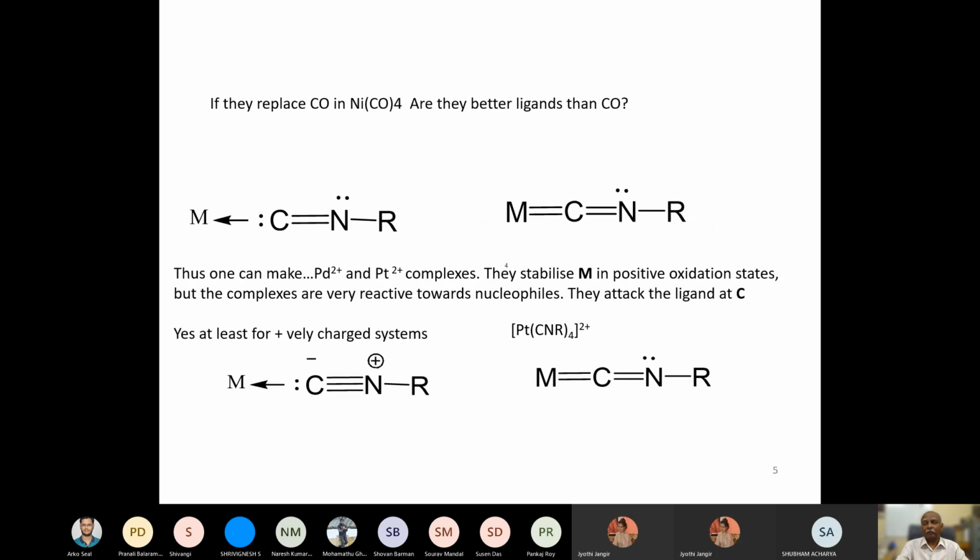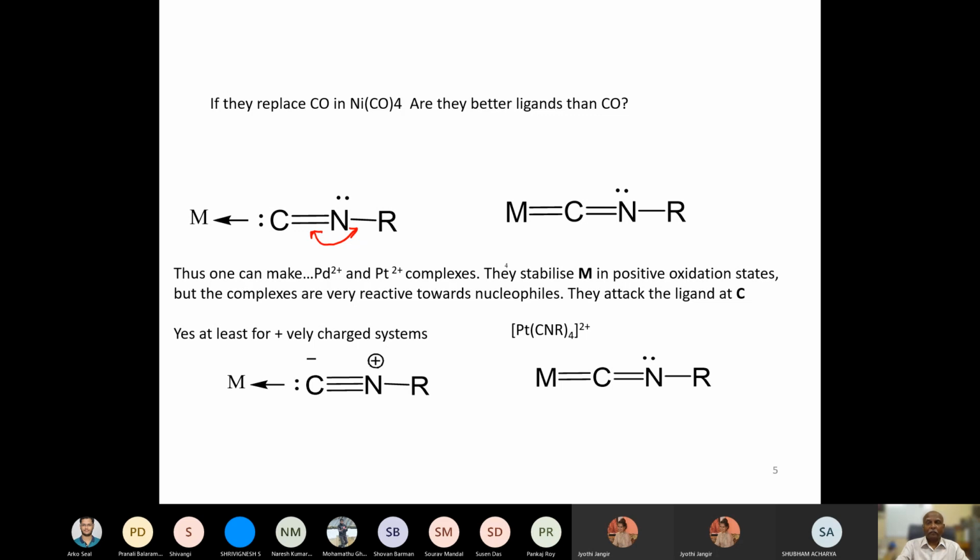There is another disadvantage with alkyl isocyanides, and that is the fact that this molecule can have a resonance structure as follows. First of all, we note that RNC should in fact be a species like so, where you have a lone pair on the nitrogen. That would be one of the resonance structures.